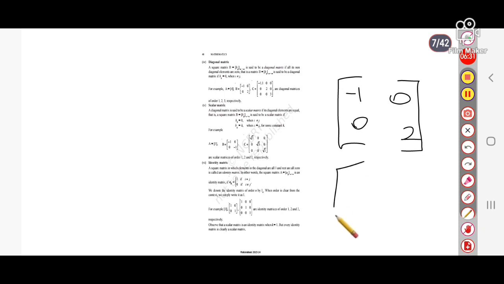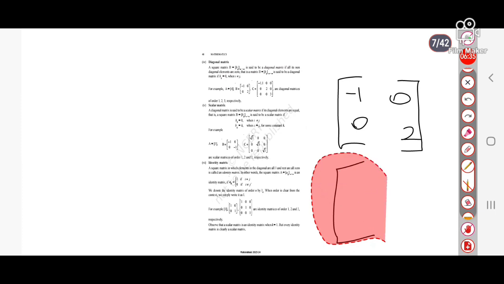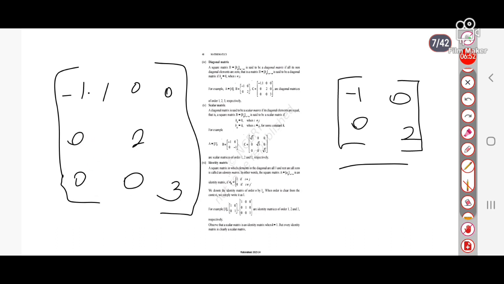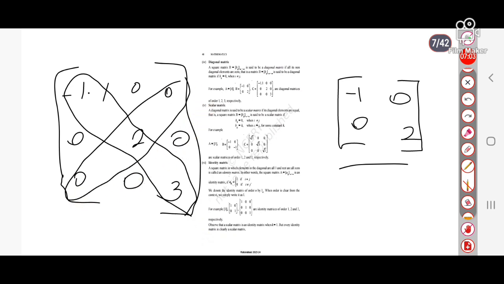Again they have given one more example. This is a 2 by 2 matrix. Now for a 3 by 3 matrix, it will be easier for you to understand what a diagonal matrix means. These are the diagonal numbers present in the matrix, and even this too, right?